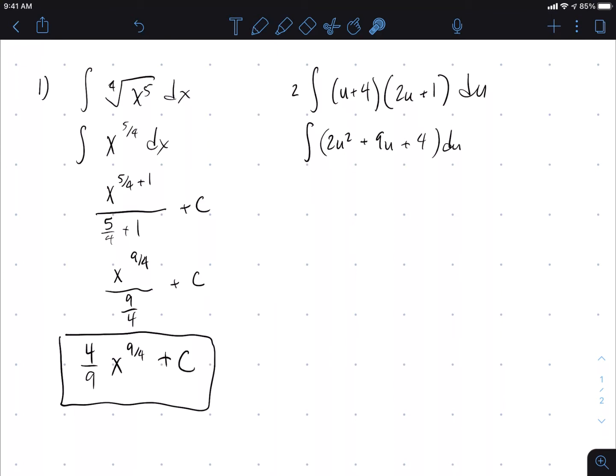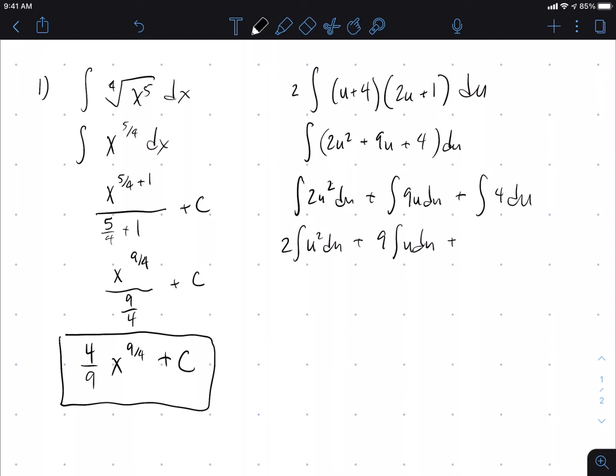So if I break it up into three integrals, I'm going to get the integral of 2u squared du plus the integral of 9u du plus the integral of 4 du. Agreed? Yes. So you guys can all see it. Agreed?